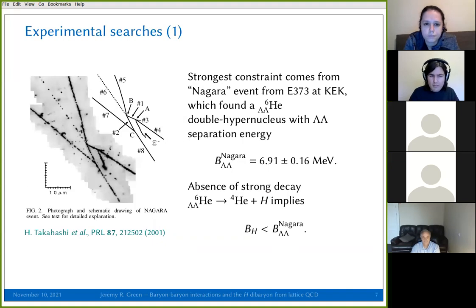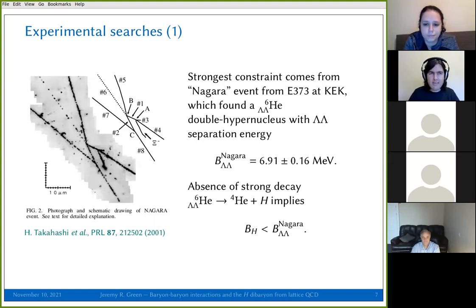There have been some attempts to find an H-dibaryon from experiment, and the strongest constraint, the most well known, is from a single event observed at KEK, where they found a helium double hypernucleus. It's essentially an alpha particle plus 2 lambda baryons. And the energy required to remove the 2 lambdas is just under 7 MeV.